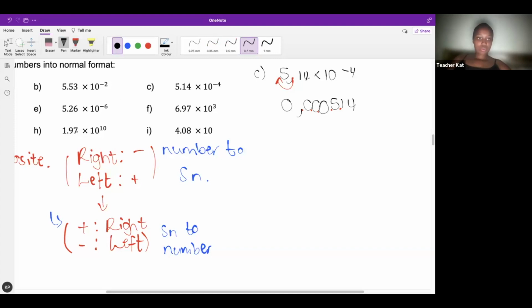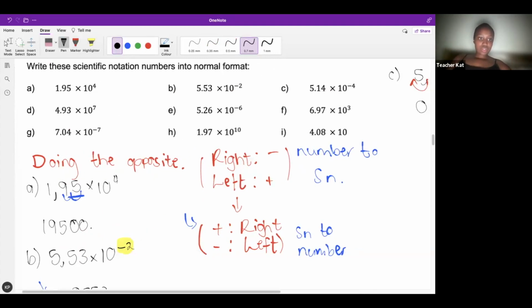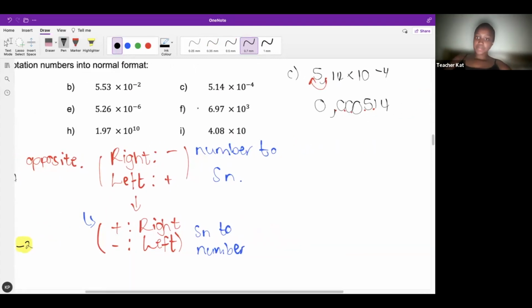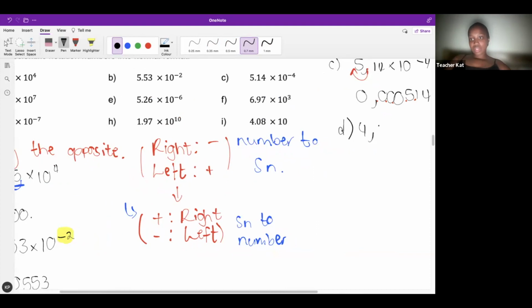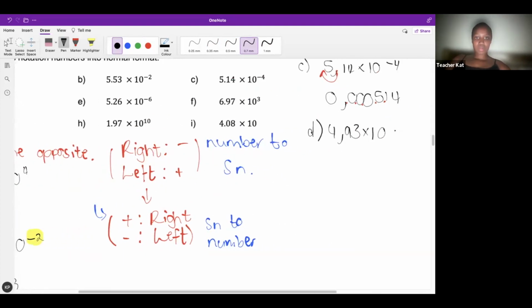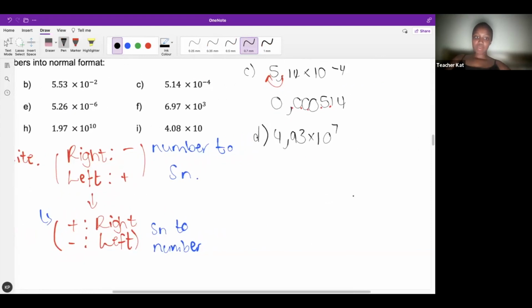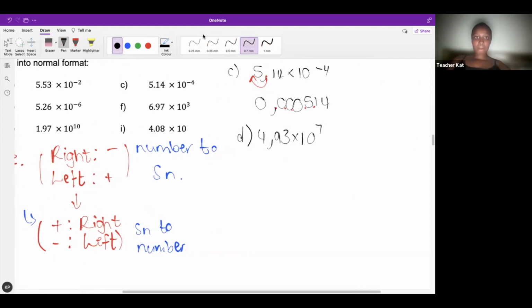Okay, let's do a few more. Let's do number D, which says 4,93 times 10 to the power of 7. Am I moving it left or right?